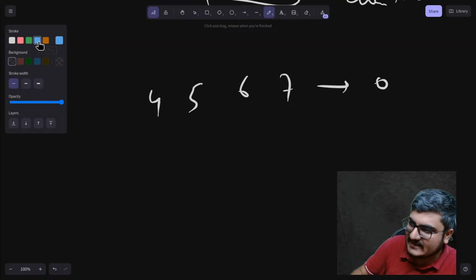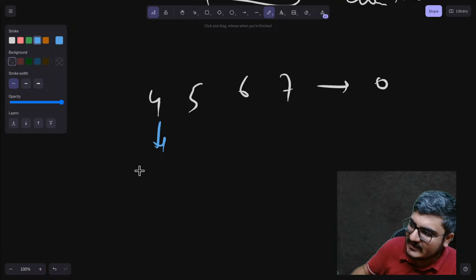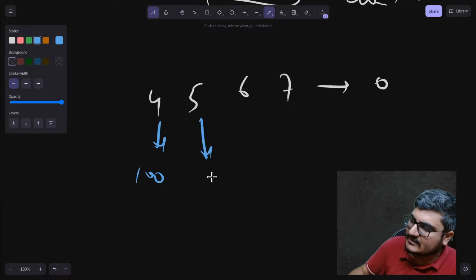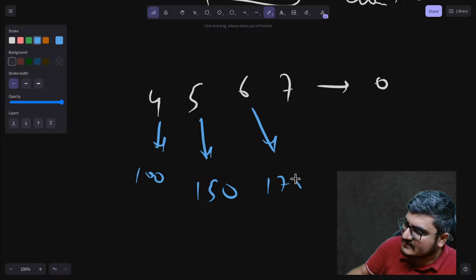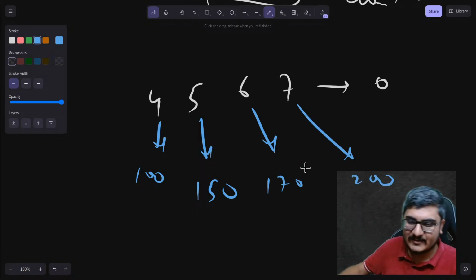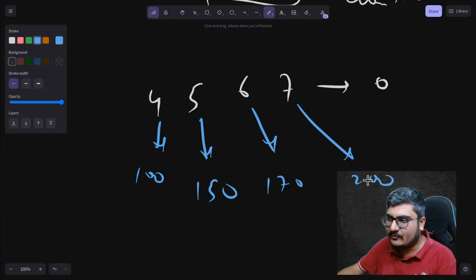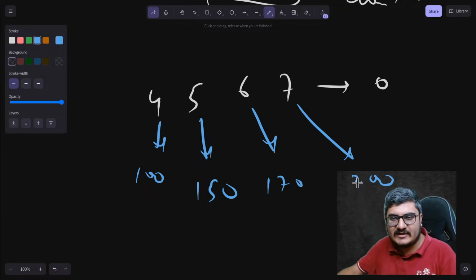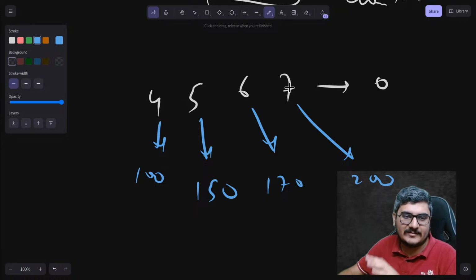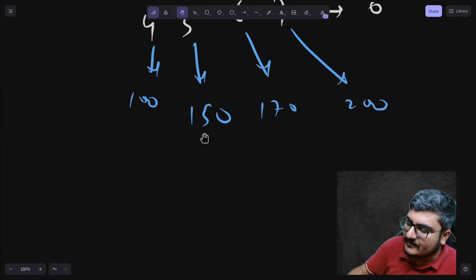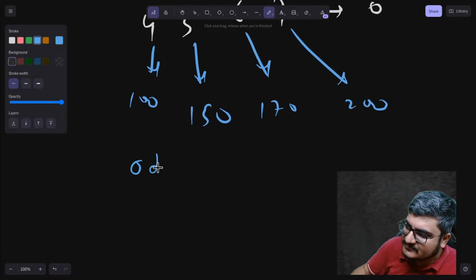But if I assign a random number to this 4, let's say 100, this 5, let's say 150, this 6, 170, this 7, 200, and if I look at the XOR of these numbers, there is a good chance that this XOR will not be 0. What I know is that if this XOR is not 0, then all the numbers definitely do not appear an even number of times, because if a number appears an odd number of times, that random value contributes to the XOR.